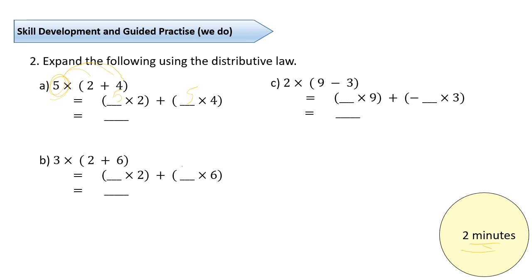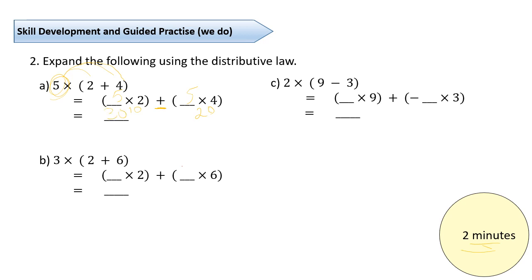Now, you guys might like to add in some extra working in case you need it, and evaluate those 2 multiplications. So you might like to evaluate 5 times 2, which of course is 10, and the second one, 5 times 4, which should be 20. There we go. Last step is to add those together. 10 plus 20, you get 30.